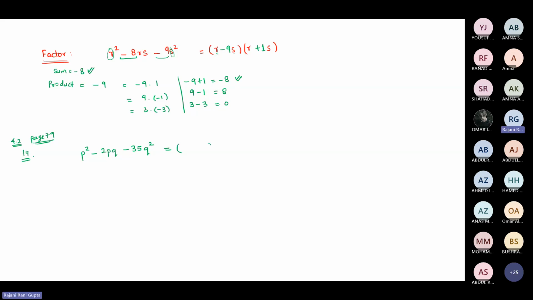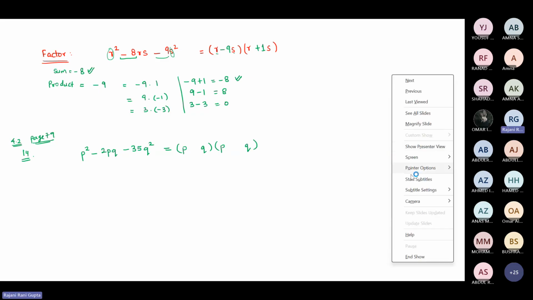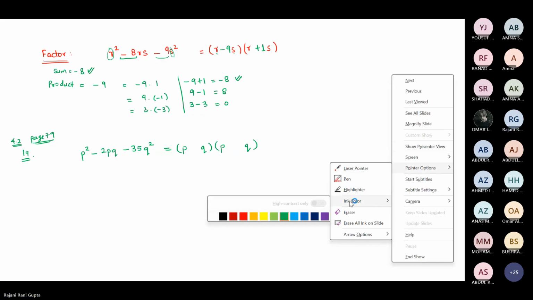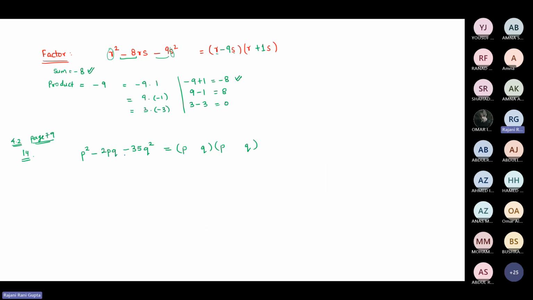So you will write here in the bracket p, q, p, q. Now we will look for the numbers. Two numbers which multiply, this is the product. And minus 2 will be the sum. So how you get minus 35? Can you tell me how you get minus 35?